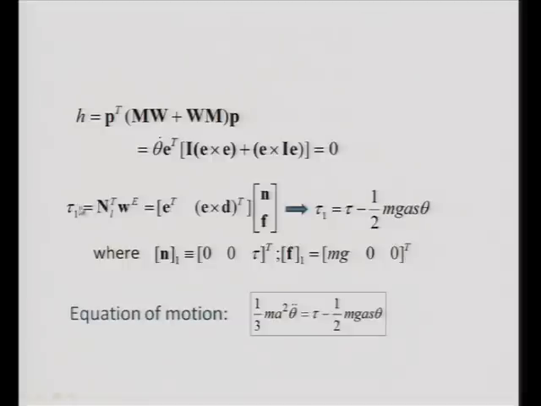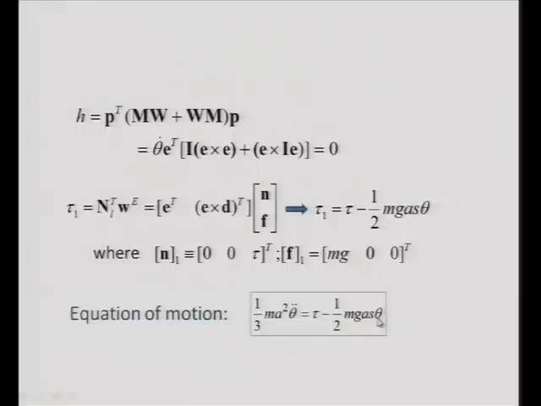Now, similarly tau 1, that means the only generalized force we have, if you express it, will come like tau minus half m g l sin theta. So, the final equation of motion will look like 1 over 3 m l square theta double dot is equal to tau minus half m g l sin theta.